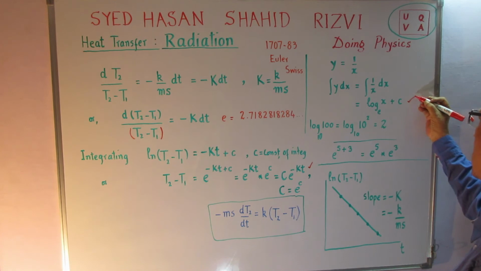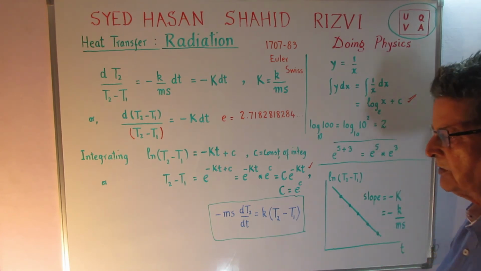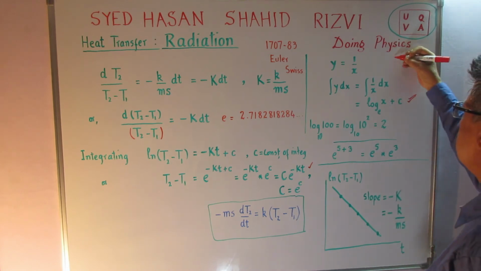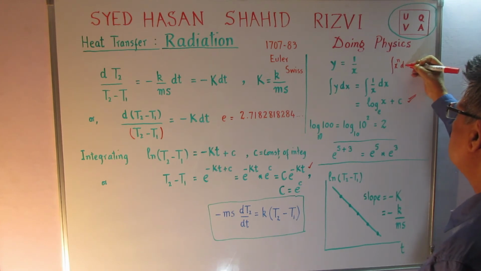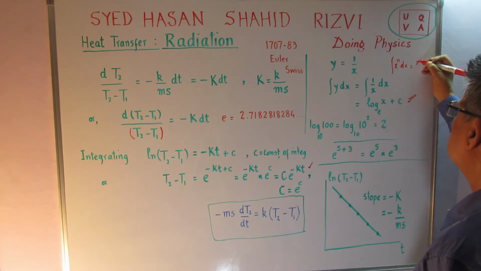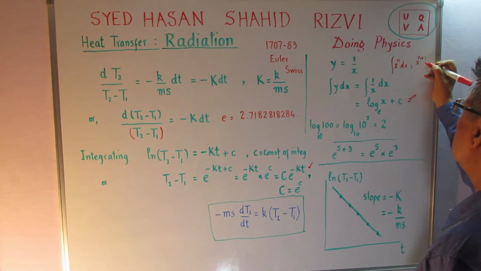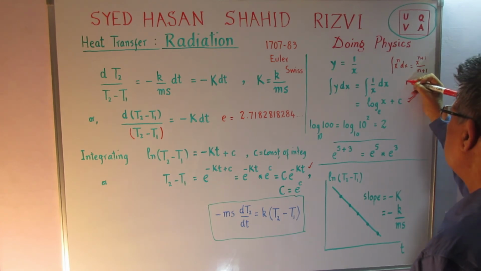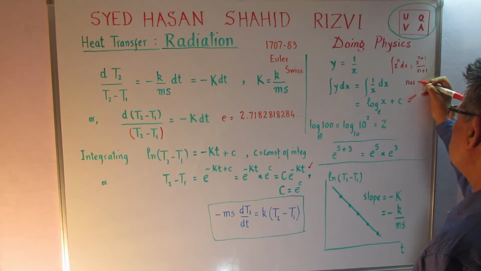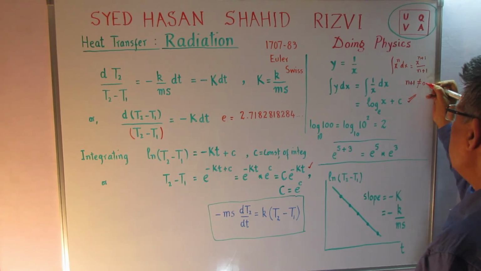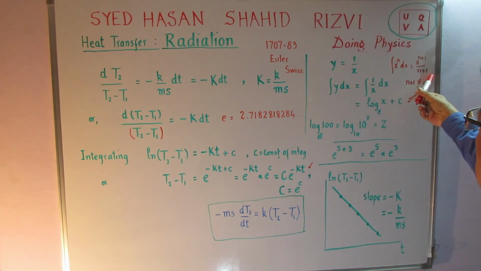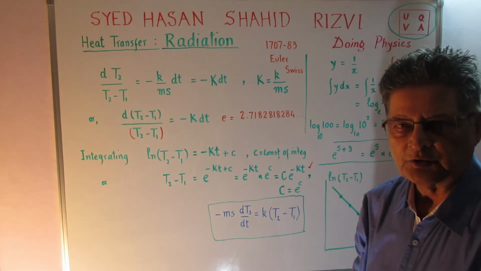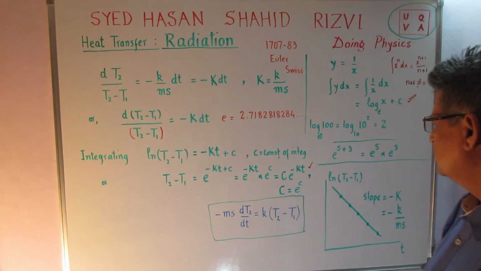This is another integration besides the one I gave you, that the integral of x to the power of n dx is equal to x to the power of n plus 1 divided by n plus 1, provided n plus 1 is not equal to 0. This is the condition. For x to the power of minus 1, n plus 1 turns out to be equal to 0. That is why that formula is not applicable in this case.